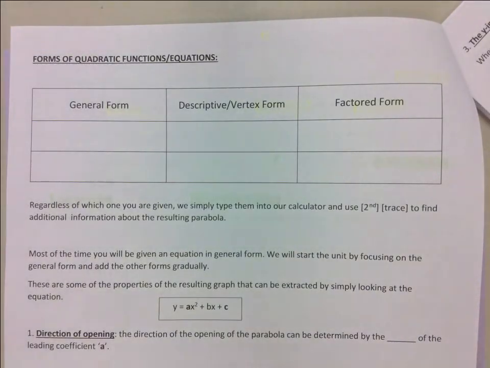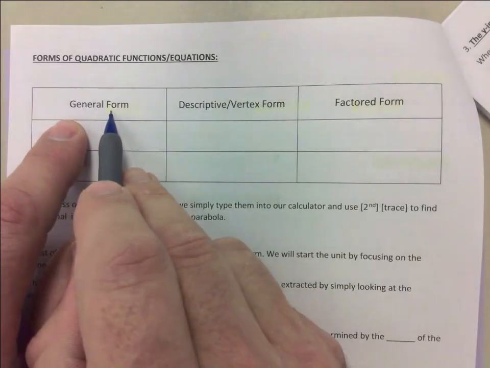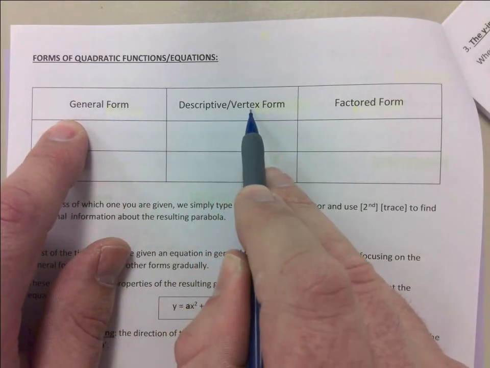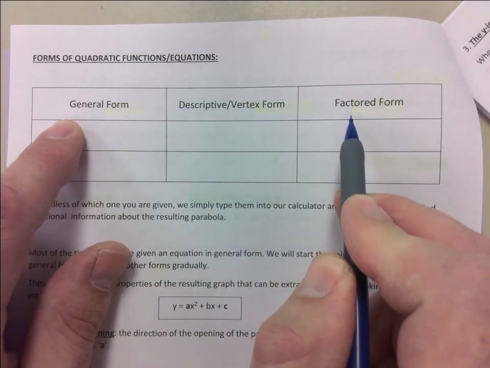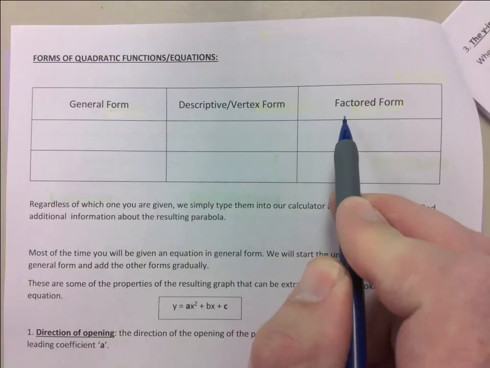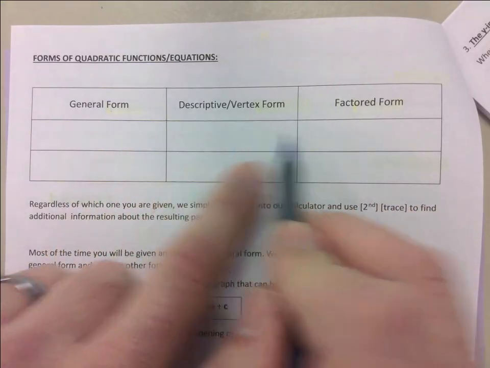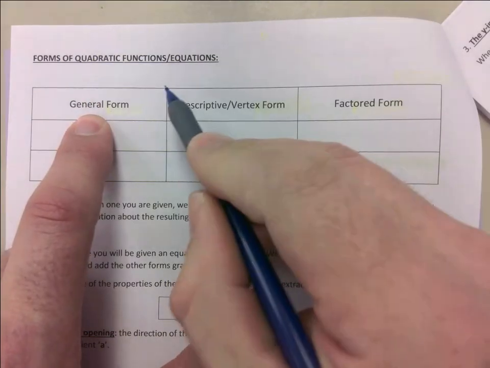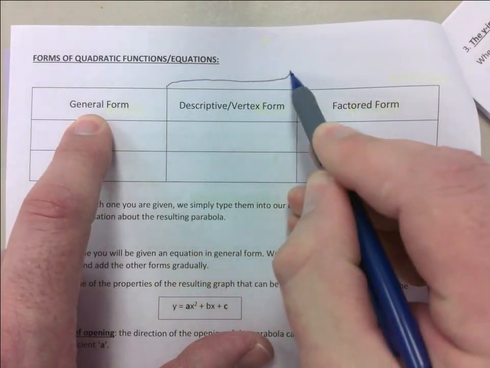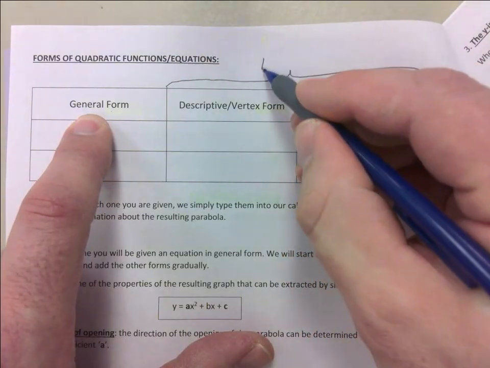There are 3 forms of the quadratic equation: general, descriptive/vertex, and factored form. I want you to think of it in these terms. Instead of memorizing them all for now, think of general, and these are non-general.